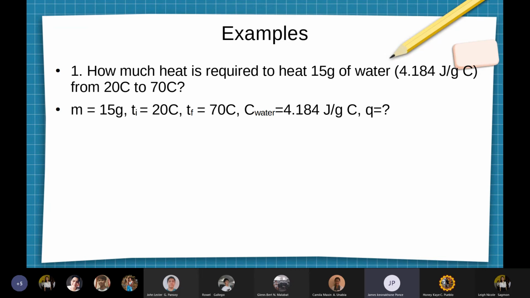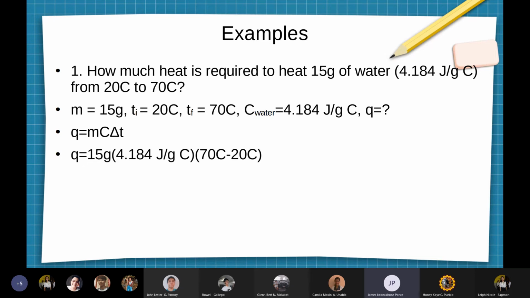What's asked is the heat. So we use the standard formula. Remember to always include your units so that when canceling, you won't get confused. That amounts to 3,138 joules, or simply 3.14 kilojoules.